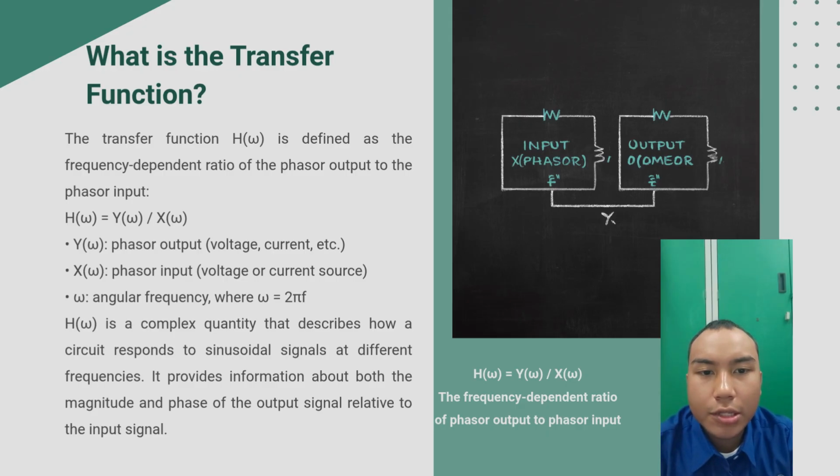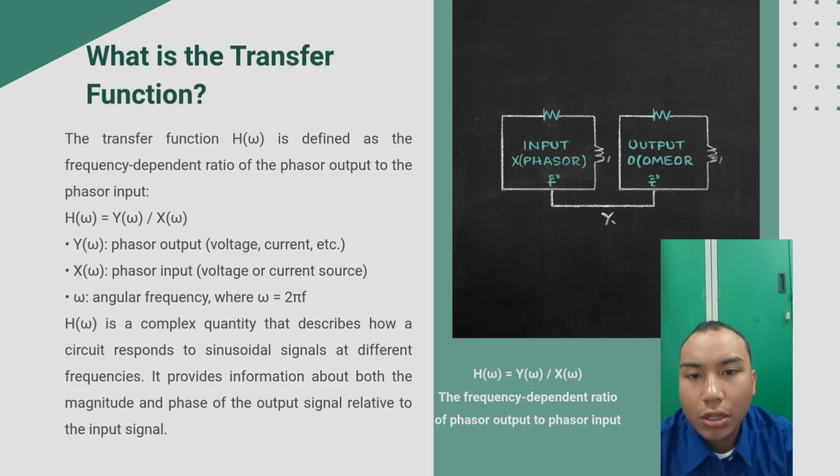So I explain about what is the transfer function. The transfer function H(ω) is defined as the frequency dependent ratio of the phasor output to the phasor input.